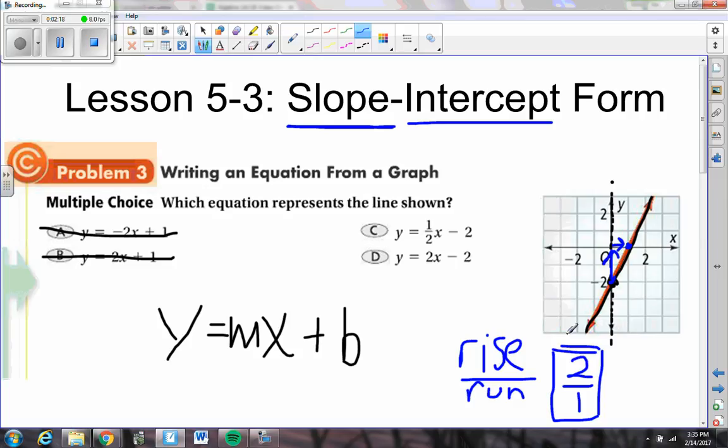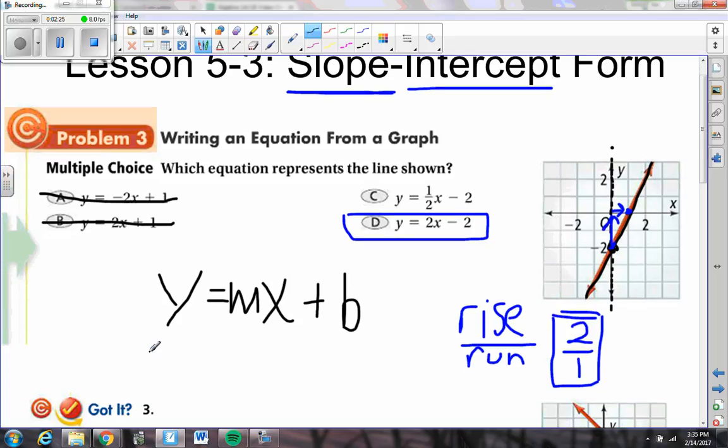So this right here is my slope, 2 over 1. And we know that 2 over 1 is really the same as 2, so my choice would be letter D. Or if I'm writing it myself, I would just say y equals, my slope number comes first, that's 2. I could put 2 over 1 if I want to, times x plus my b value, which in this case is a -2.